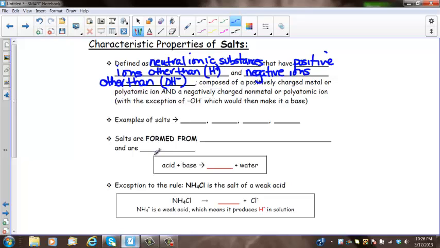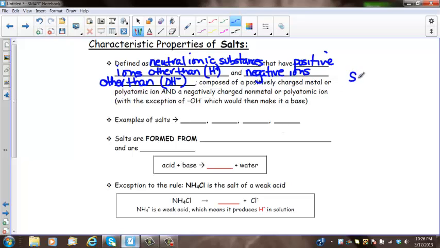They are composed of a positively charged metal or a polyatomic ion and a negatively charged nonmetal or polyatomic ion, with the exception of OH minus, which would then make it a base.